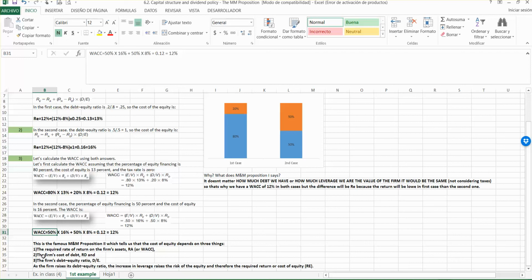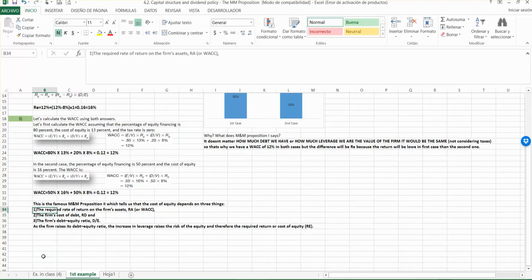So what does M and M proposition 2 state? It tells us that the cost of equity depends on three things: the required rate of return on the firm's assets, RA or WACC, the firm's cost of debt, RD, and the firm's debt equity ratio, debt over equity.